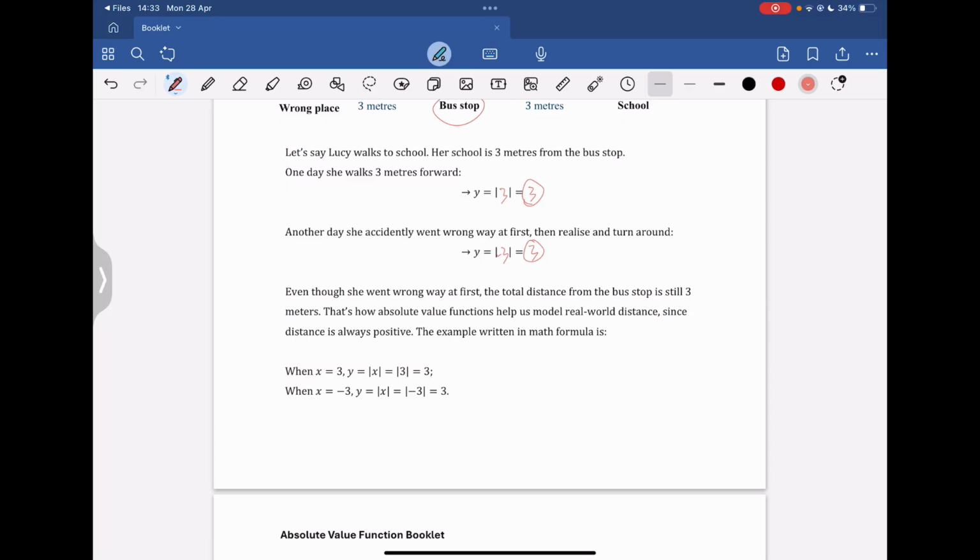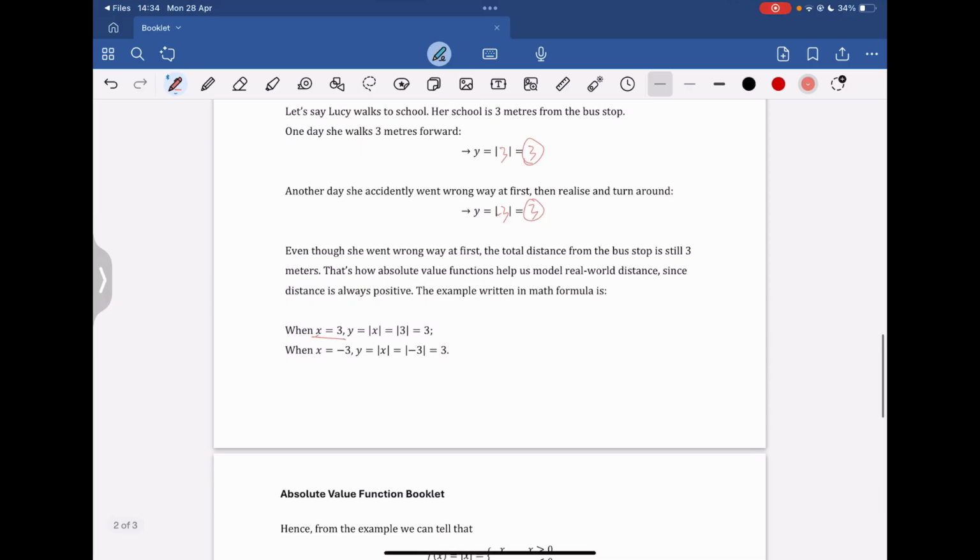That's how absolute value functions help us model real-world distance, since distance is always positive. The example written as a math formula: when x equals 3, y equals absolute x equals absolute 3 equals 3. Remember, it always gives us positive numbers. And then, when x equals negative 3, y equals absolute x, which equals absolute of negative 3, which gives us positive 3.